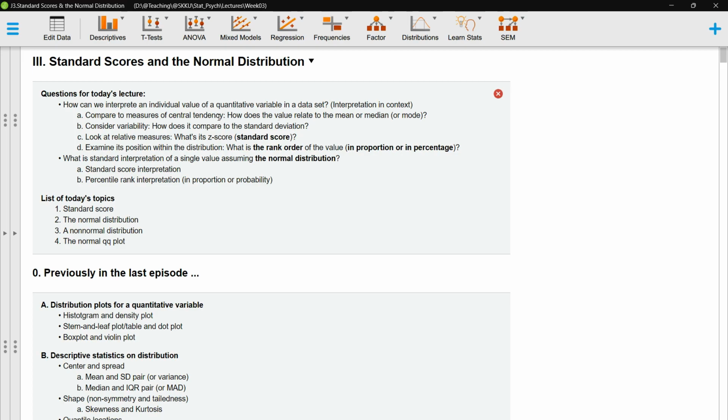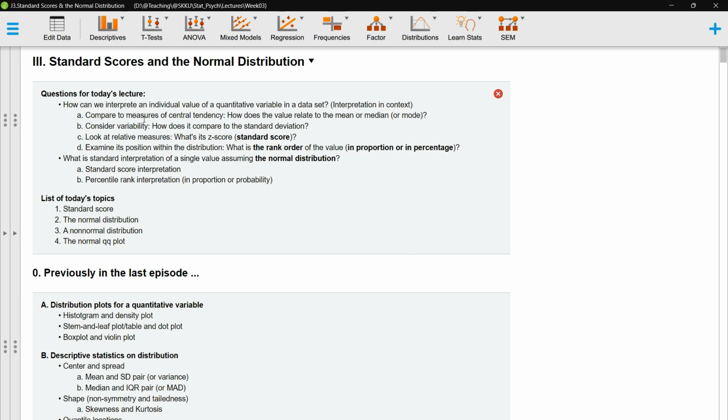The central tendency and the measures of dispersion are descriptions of the whole data set. But today's focus is on the interpretation of an individual value in a data set, in a variable.